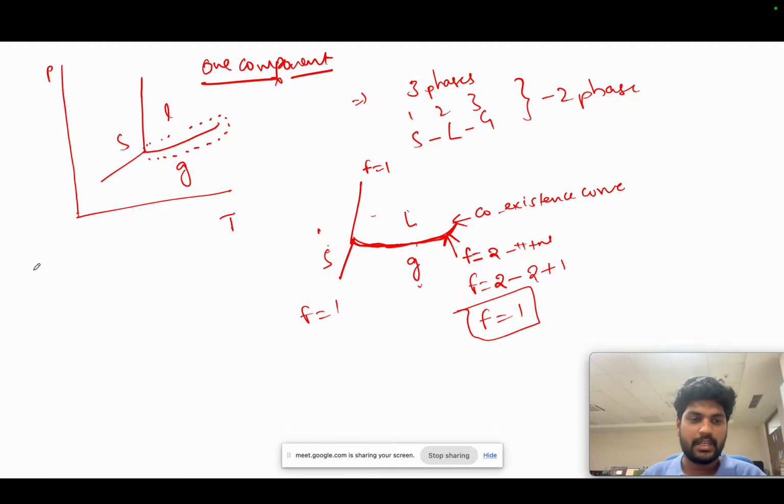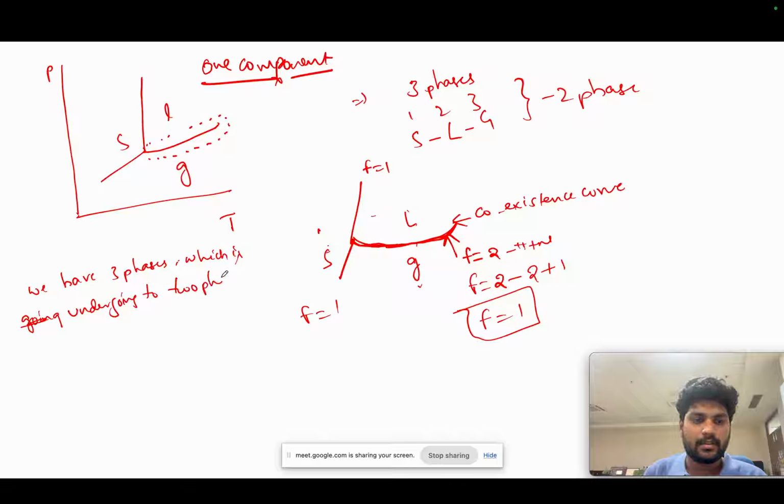So if I want to make a statement: we have three phases which are undergoing to two phases by the phase diagram with degrees of freedom 1.